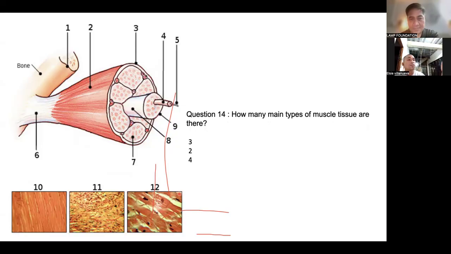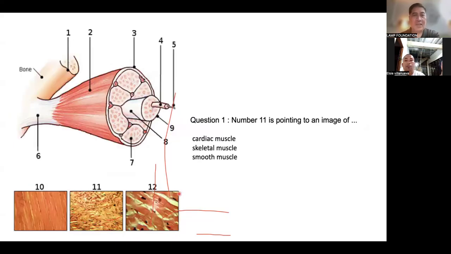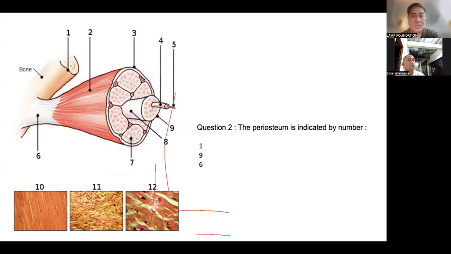How many main types of muscle tissue are there? There are 3. Which type of muscle is also known as voluntary muscle? Skeletal. Number 11 is smooth muscle. Periosteum is indicated by number 1.